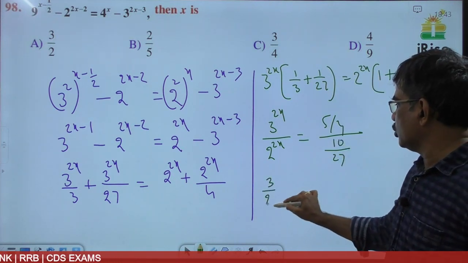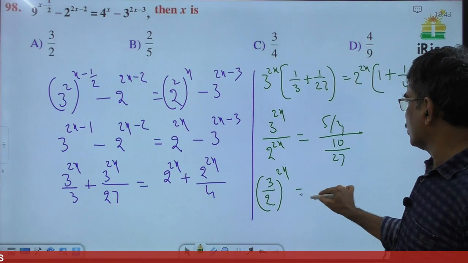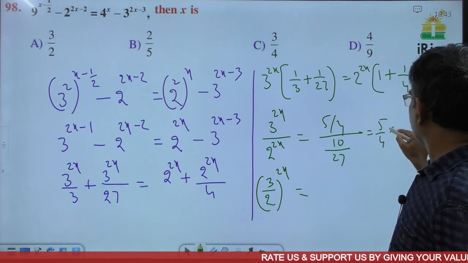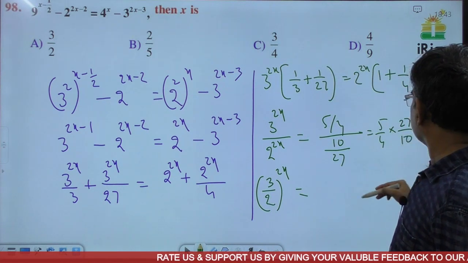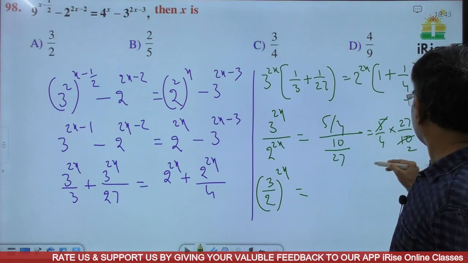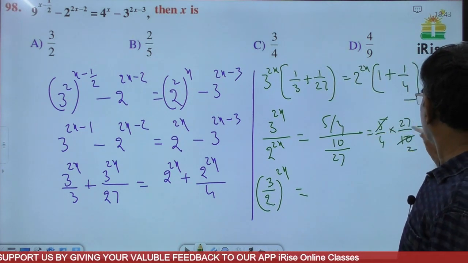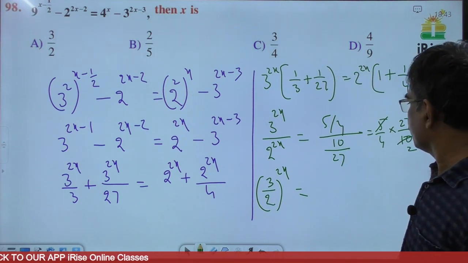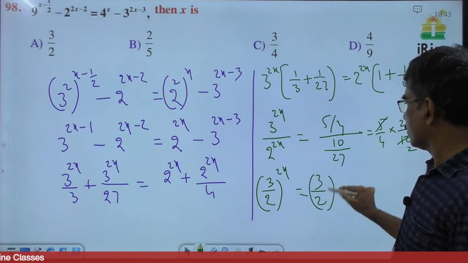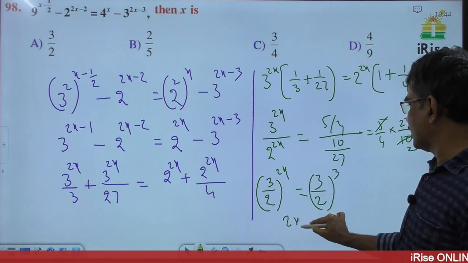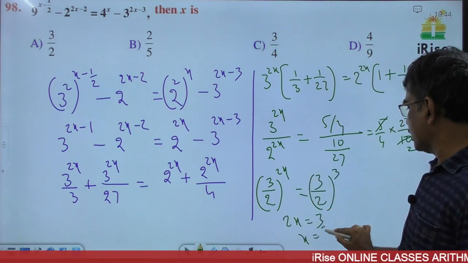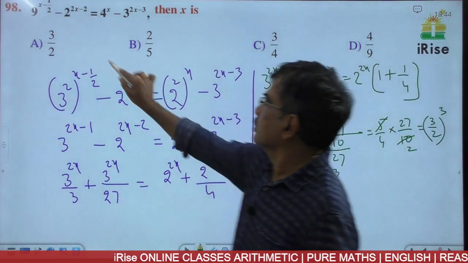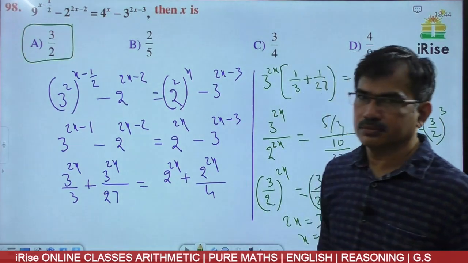This is 3 by 2 whole power 2x equals, after simplification, 5 by 4 into 27 by 10. 5 ones, 5 twos cancel. This is 27 by 8, which is 3 by 2 cube. So 2x is equal to 3, x is equal to 3 by 2 is the answer.